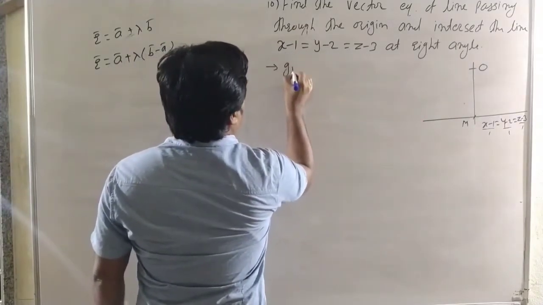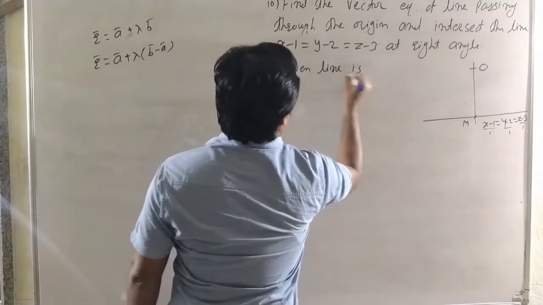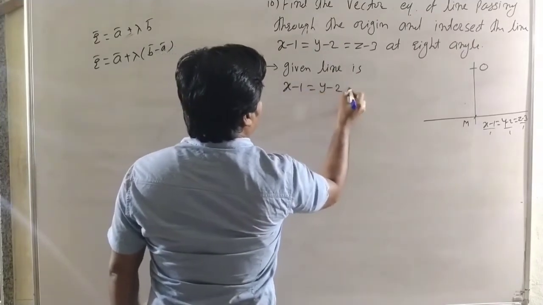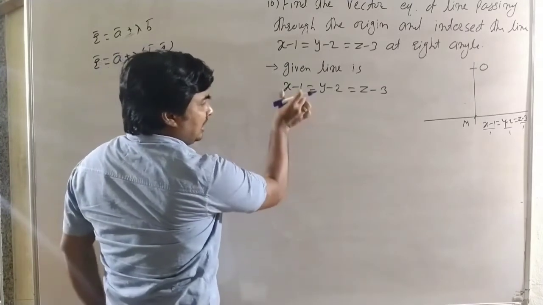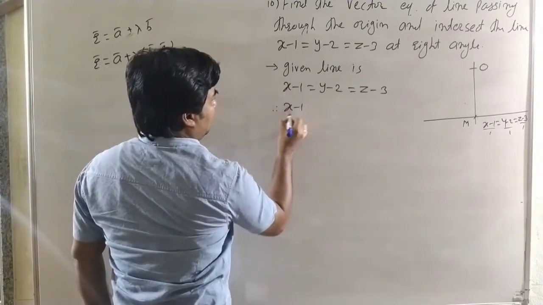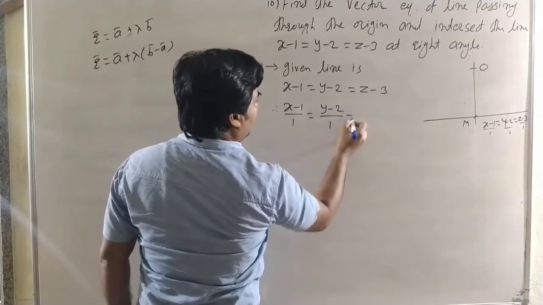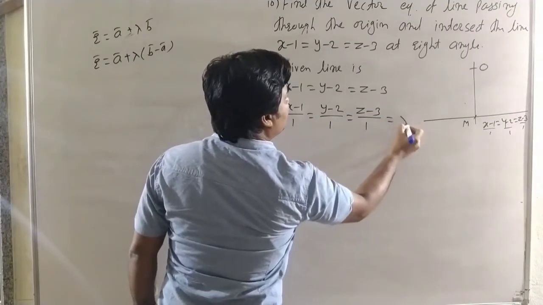Here the given line is x minus 1 is equal to y minus 2 is equal to z minus 3. Here nothing is written in the denominator, which means it is 1. Therefore we can write x minus 1 upon 1, y minus 2 upon 1, z minus 3 upon 1 is equal to say lambda.